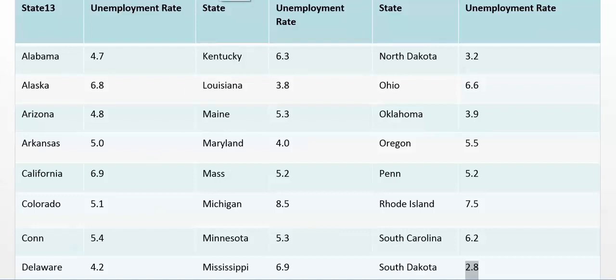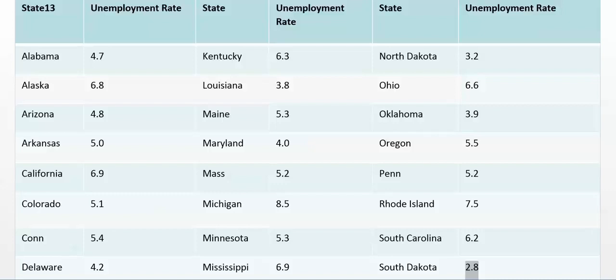Okay, actually, we're going to just collect them up. Starting with Alabama's 4.7, 6.8, 4.8. Arkansas is 5.0. So I'm just going to write them down in the order I see them, and I'm going to come back and we'll reorganize it in a second.